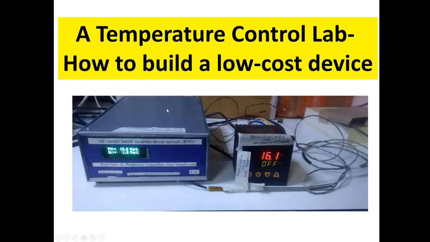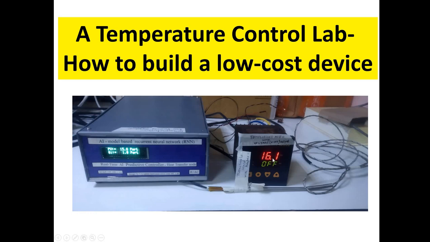Now, as you can see, a temperature control lab actually looks like that, and you can build it at a very low cost using a microcontroller. The real temperature meter is a low cost, locally available small device which simply reads the temperature at this place through a thermocouple sensor.